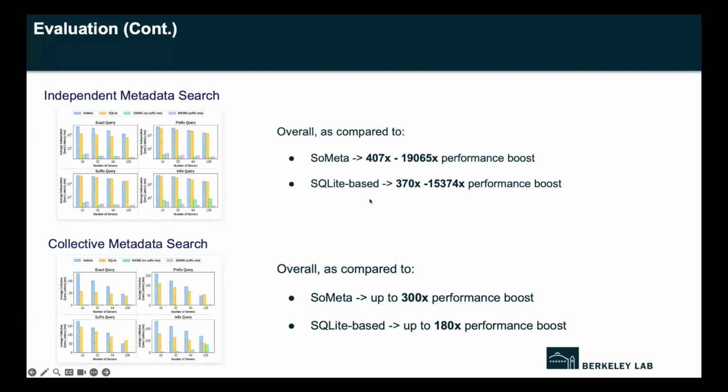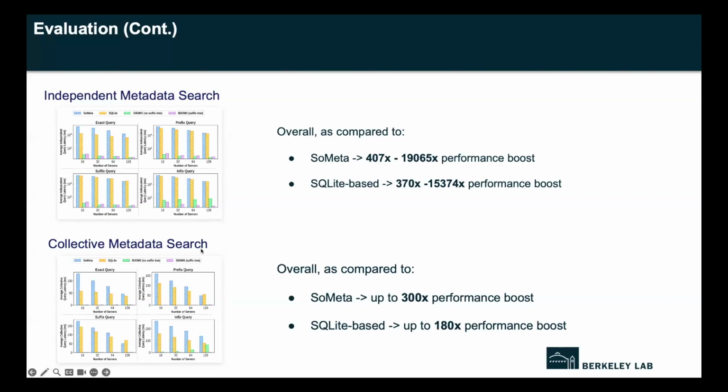As you can see overall, as compared to Meta, we achieved 300 to all the way to 90K times performance improvements. And as compared to the SQLite-based approach, we achieved 370 to all the way to over 15,000 times performance boost.